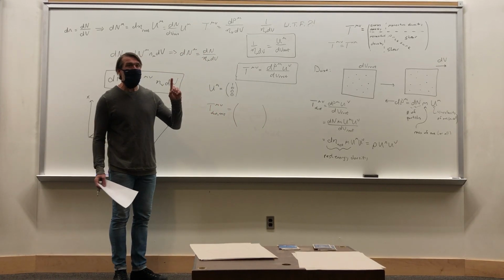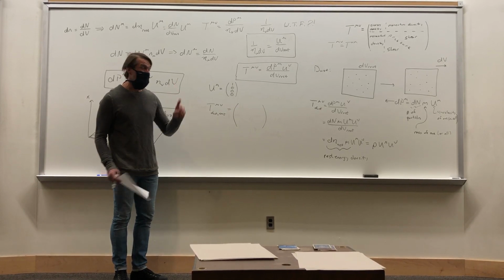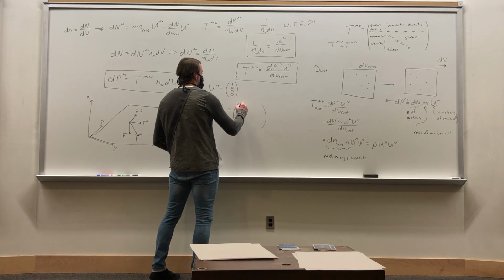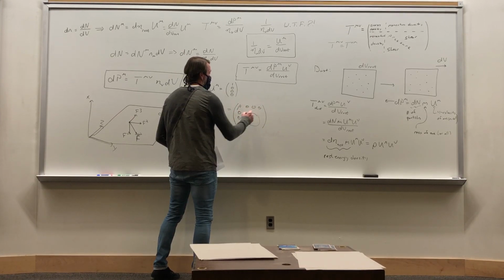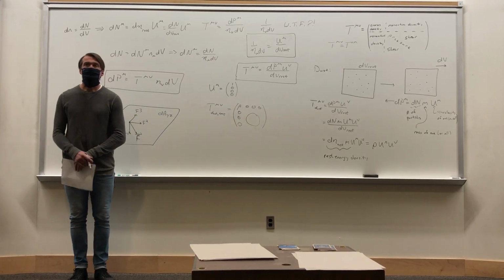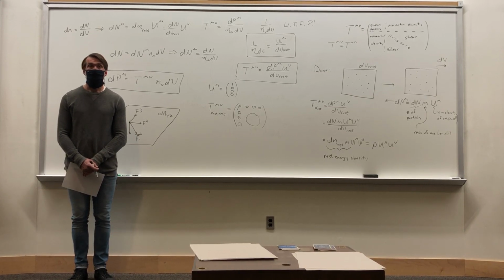Well, there's only one value of mu and nu which is going to be non-zero, and that's mu equals 0 and nu equals 0. So this is going to be rho. That's it. Pretty cool.